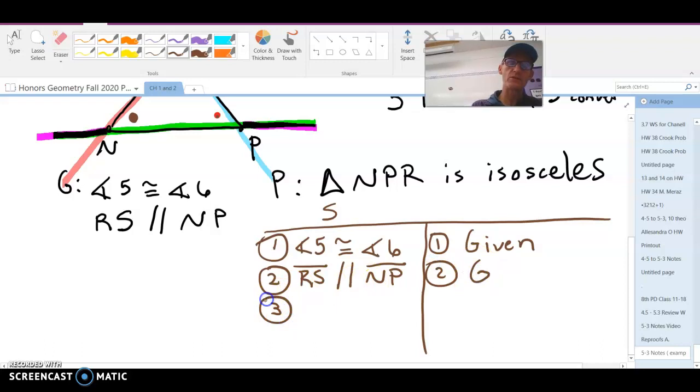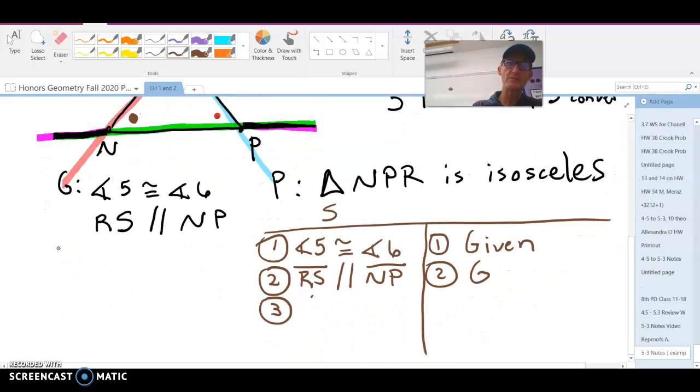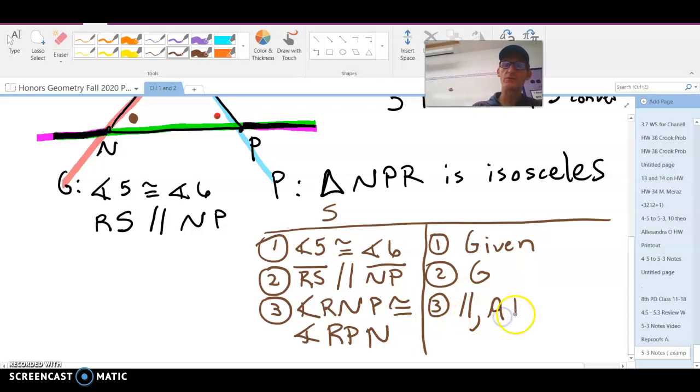Now that's going to tell us that angle RNP is congruent to angle RPN, because if the lines are parallel, the alternate interior angles are congruent.